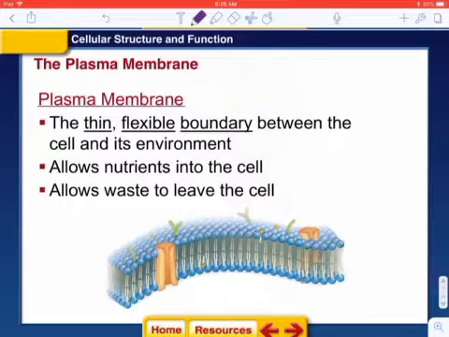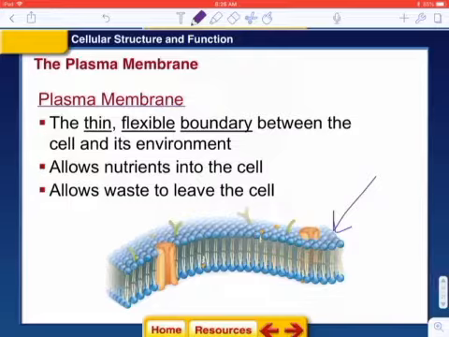So this same structure is what makes up the boundary between the internal environment of the nucleus and the external environment of the cytoplasm in the cell, as well as the internal environment of the mitochondria and the cytoplasm of the cell. So these plasma membranes, like what you see depicted here, are found throughout the eukaryotic cell.